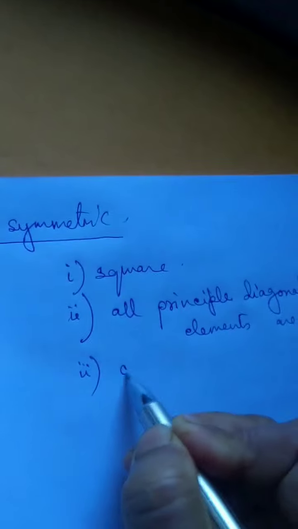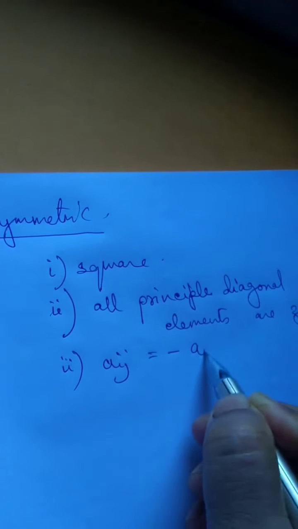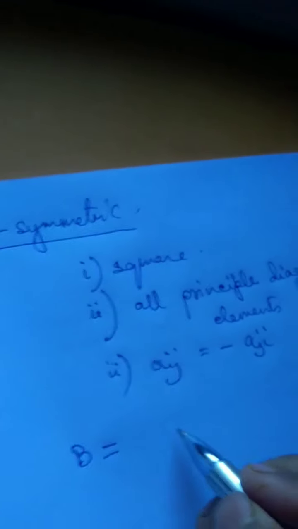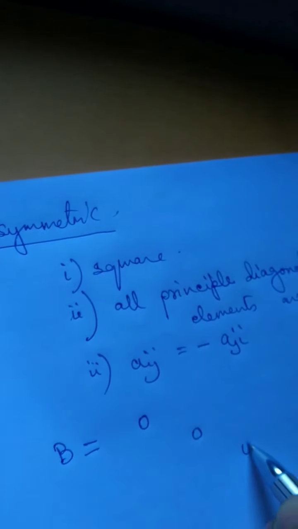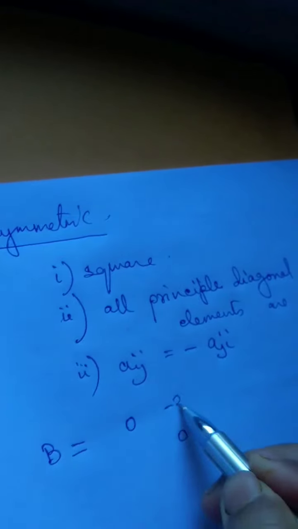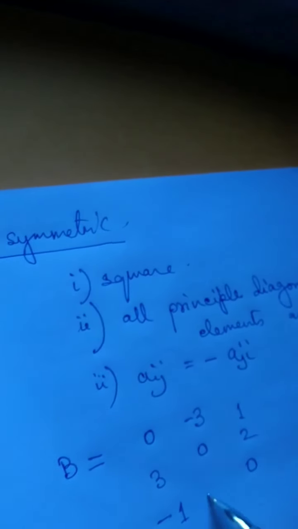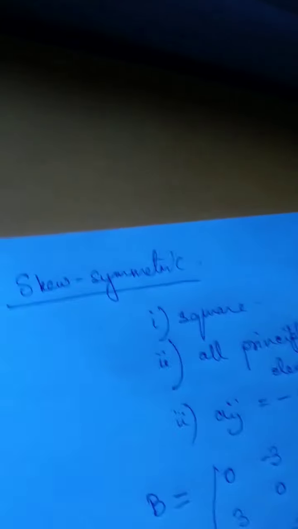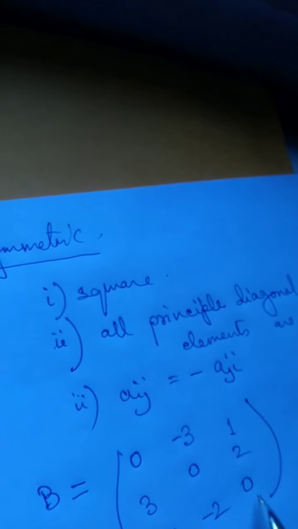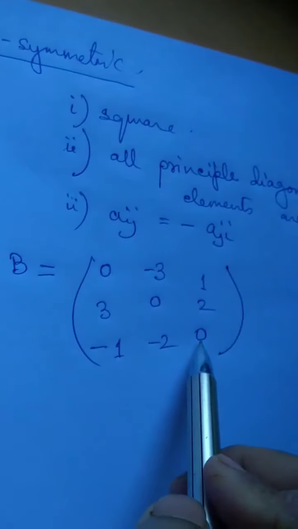And Aij is equal to minus Aji. So let me give you the example. B, all principal diagonal elements should be 0. It should be a square matrix, and Aij should be equal to minus Aji. So this is a skew symmetric matrix, because I have here all elements of the principal diagonal equal to 0.